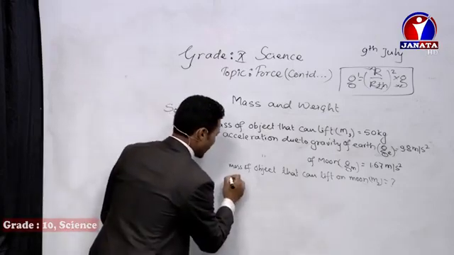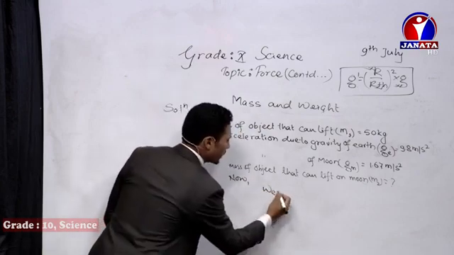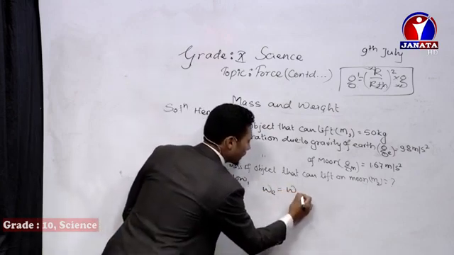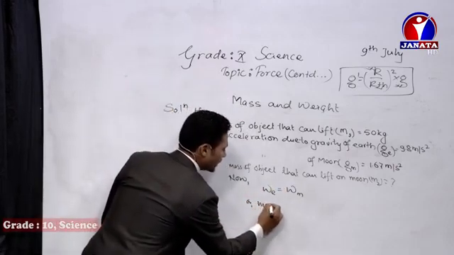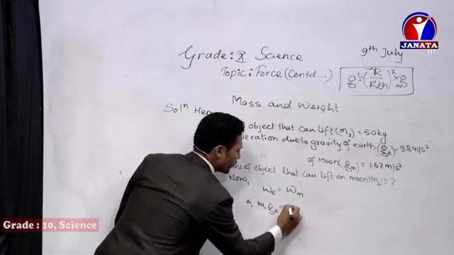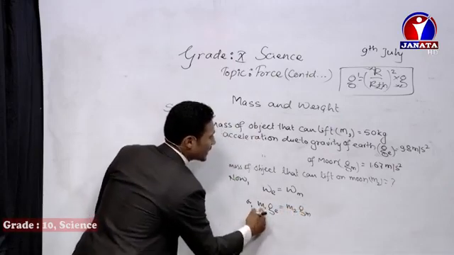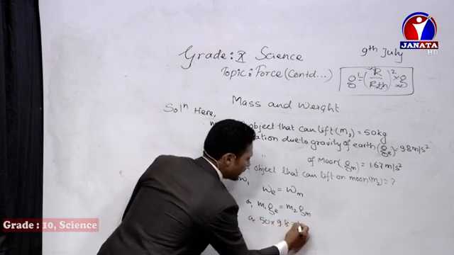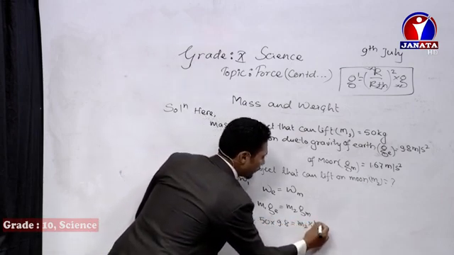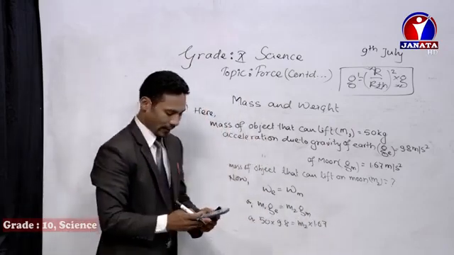So this one is m1 g_e equals m2 g_m. Here m1 is given as 50, g_e is given as 9.8, m2 we need to calculate, and g_m is 1.67. So whenever you calculate this, then you will get the answer.